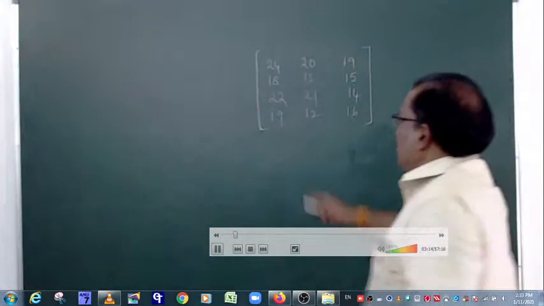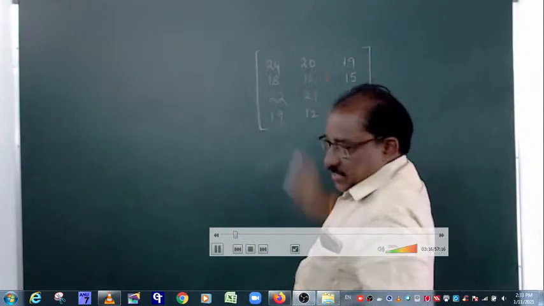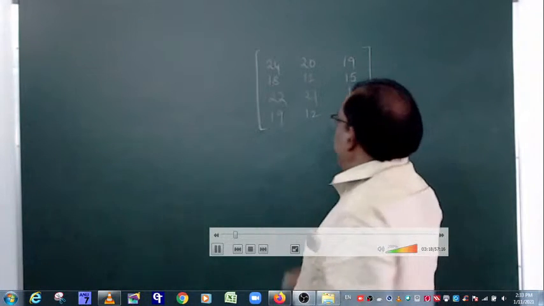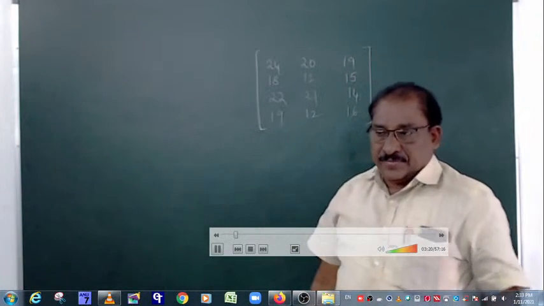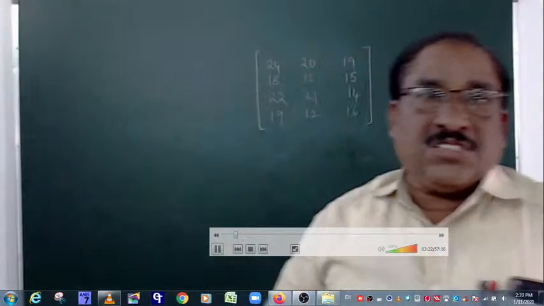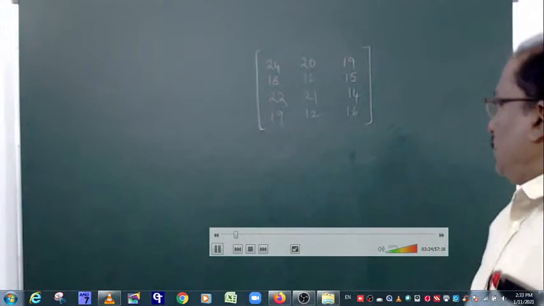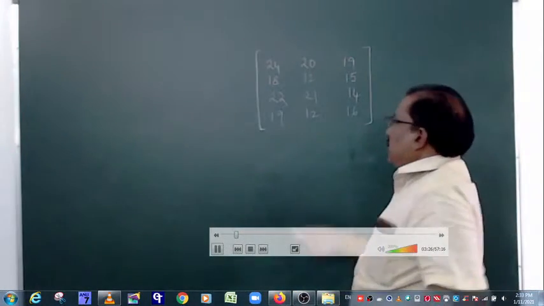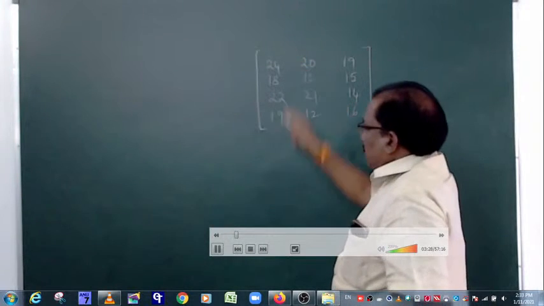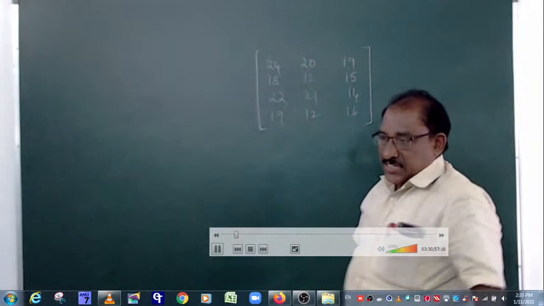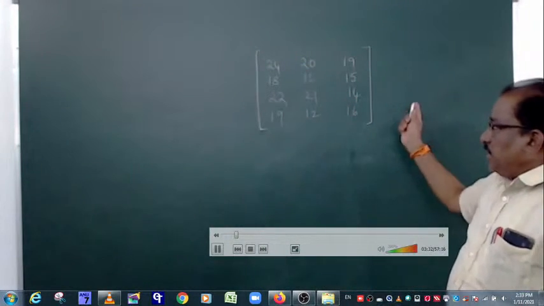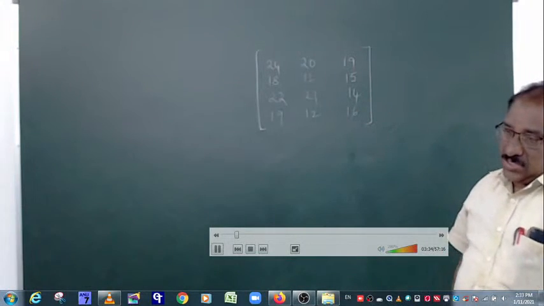What is a matrix? Some different numbers arranged in an array. The arrangement of the numbers is called an array. The numbers are arranged in horizontal lines and vertical lines.